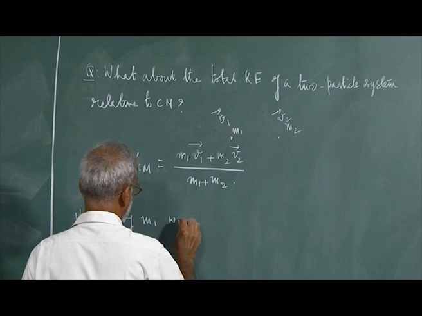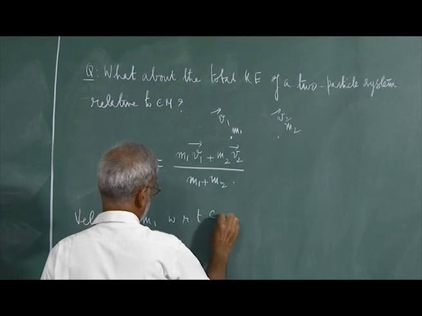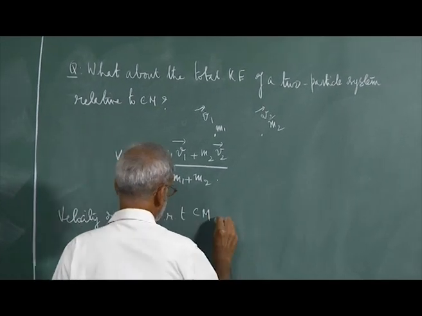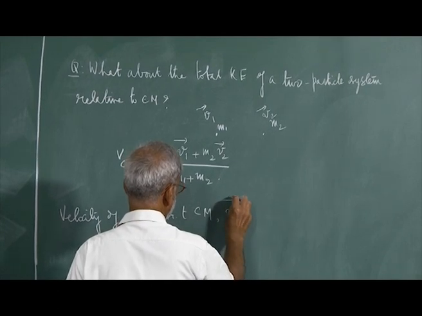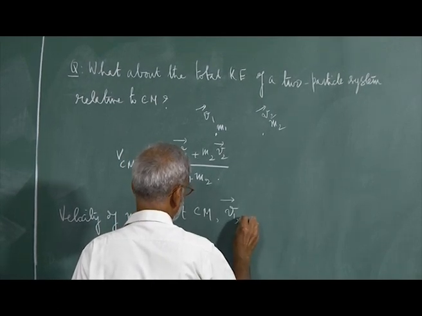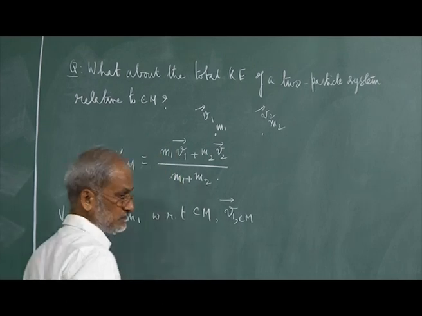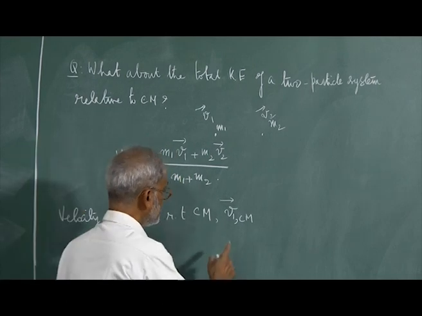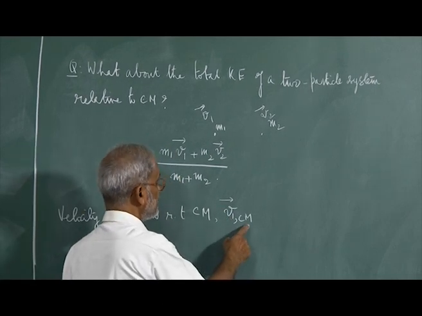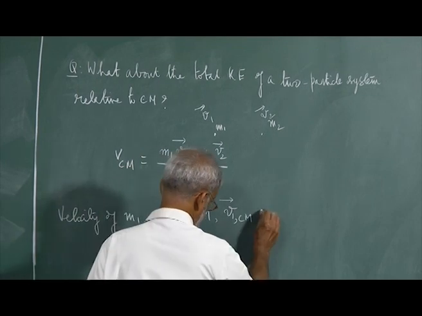with respect to center of mass. See, this is a notation you have to be very careful, velocity of 1 with respect to center of mass. So, this is velocity of the first particle with respect to the center of mass.